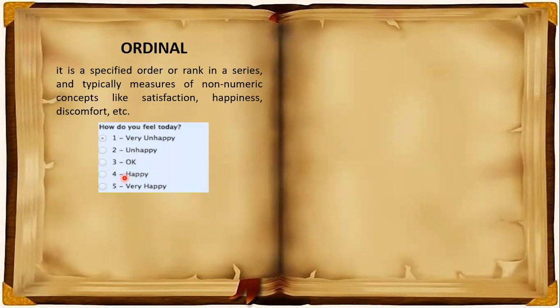Now, sa ordinal class, mag-involve siya og words tungod sa ilang meaning nga gi-rank siya.